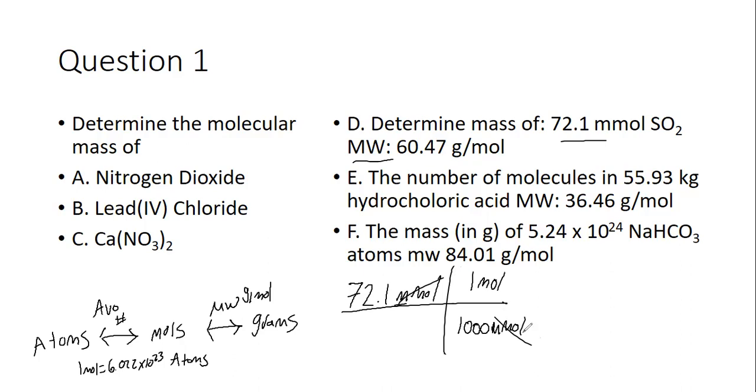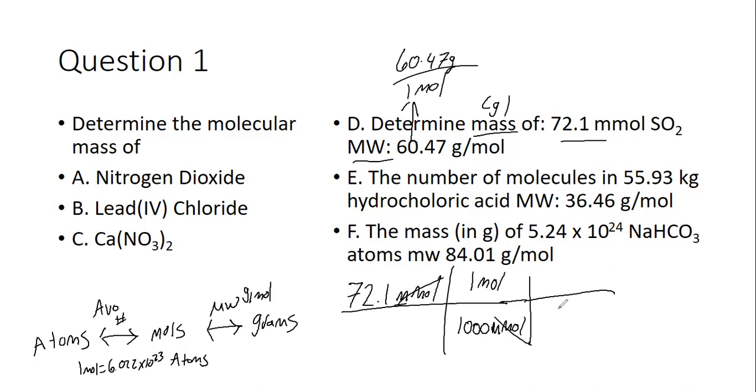Right now I'm in units of moles, but I want mass, and mass is going to be in grams. So that's where my molecular weight comes in. Remember, when we have a slash like this, what this actually means is that I have 60.47 grams for every 1 mole, right?